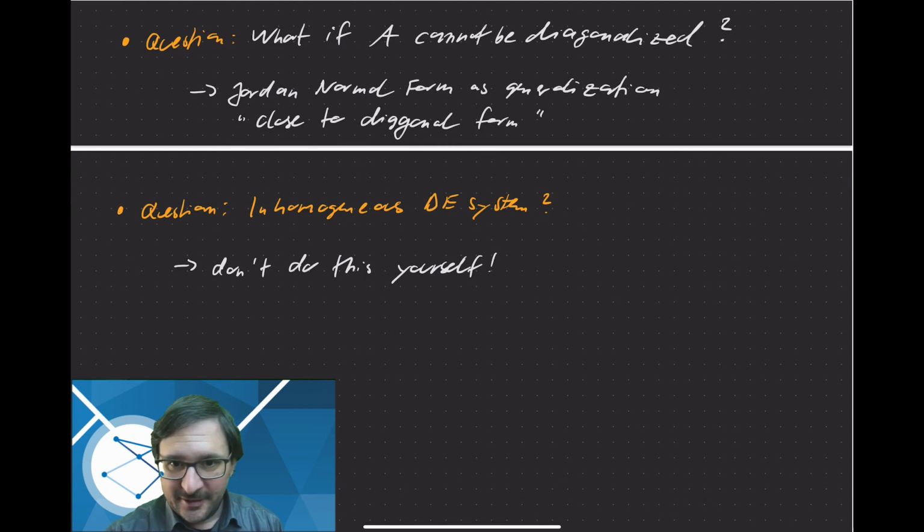Okay, again, this is way beyond the scope of this lecture, so I'm not going to deal with non-diagonalizable matrices. I'm not going to deal with inhomogeneities in differential equation systems. And I'm also not going to deal with other generalizations. For example, the matrix A, we only consider the case of constant coefficients. Of course, the more interesting cases would be the ones where the coefficients are not constant, but depend on t, for example.